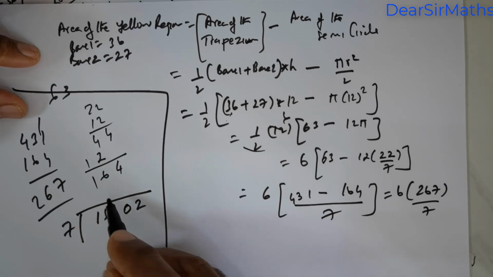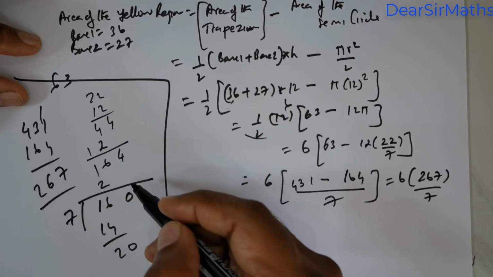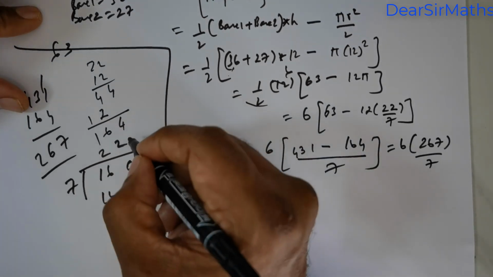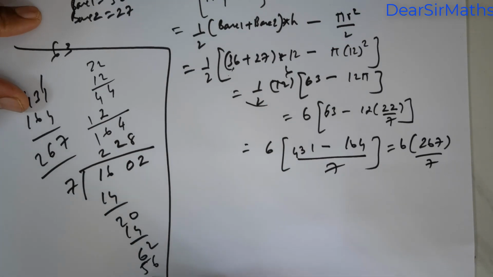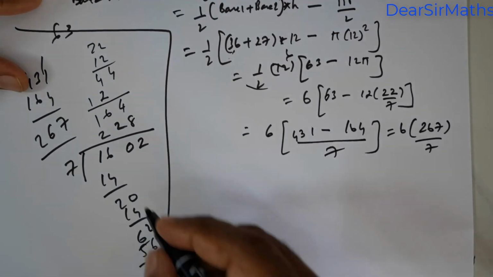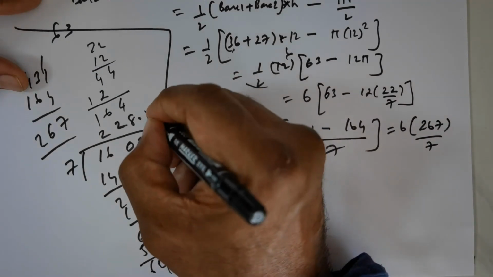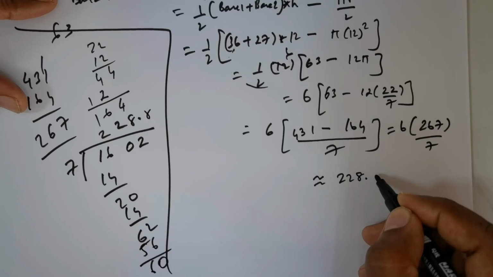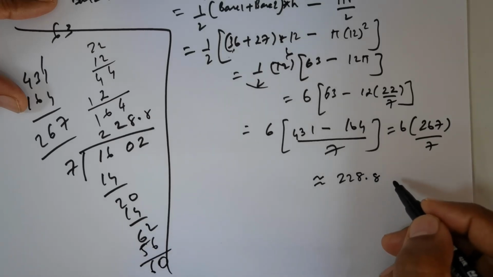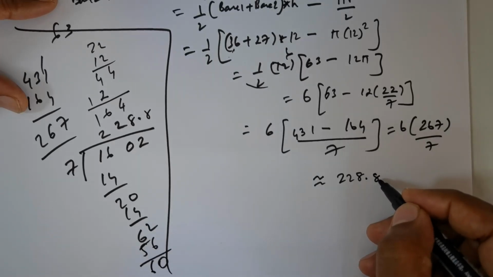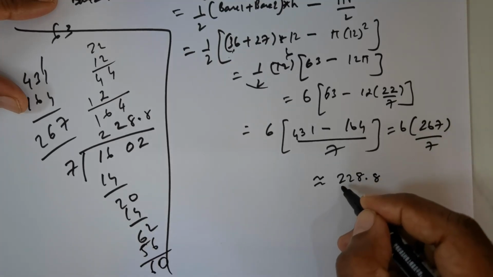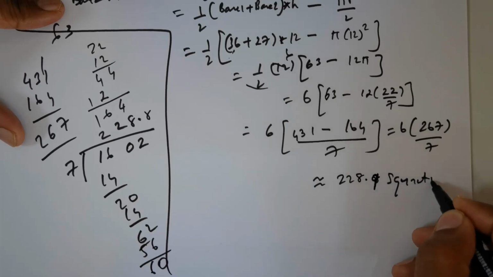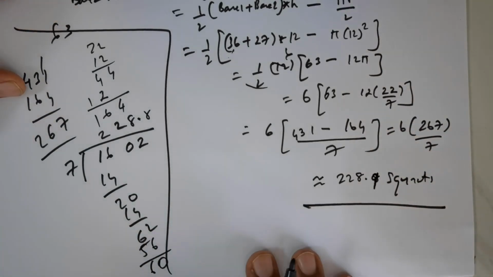Divided by 7. 7 twos are 14, 2, 0. 7 twos are 14 and you get a 6 and a 2. 7 eights are 56 and a 6 and a point and a 0, 8. So this is approximately 228.8, or I can simply say 228.9 square units, right? So that is the area of the yellow region.